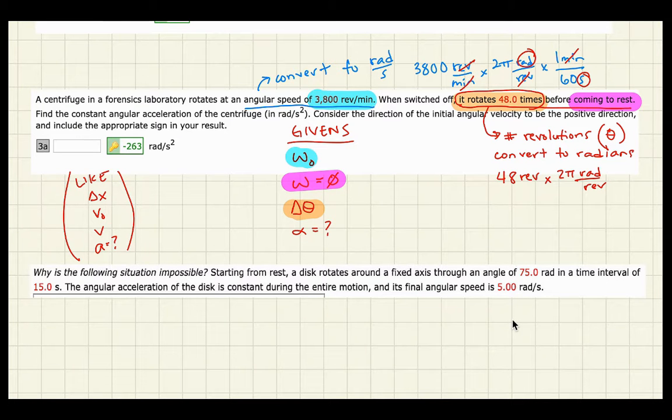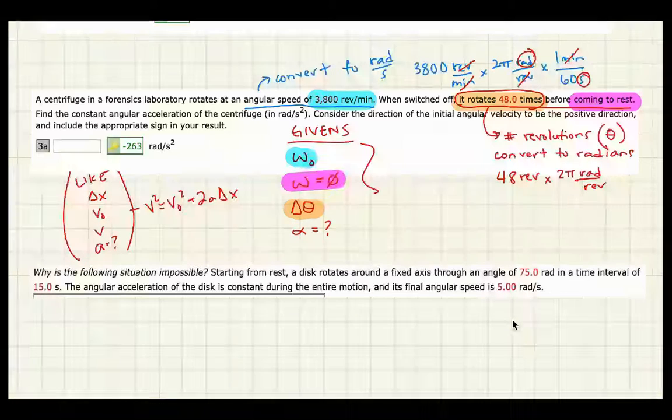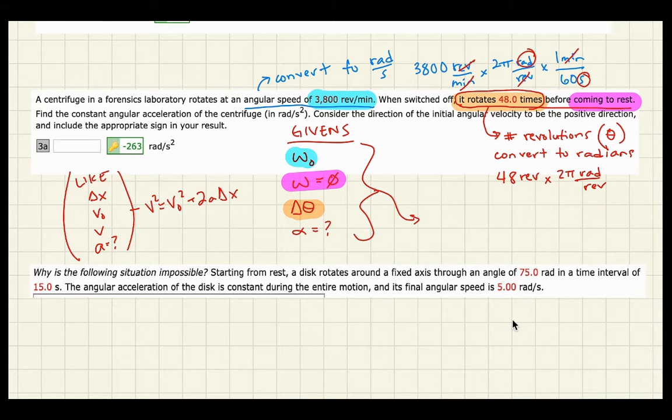If this were a linear problem, I would most likely use v squared equals v naught squared plus 2a delta x. In the angular context, it's the same equation, just applied to the rotational construct.